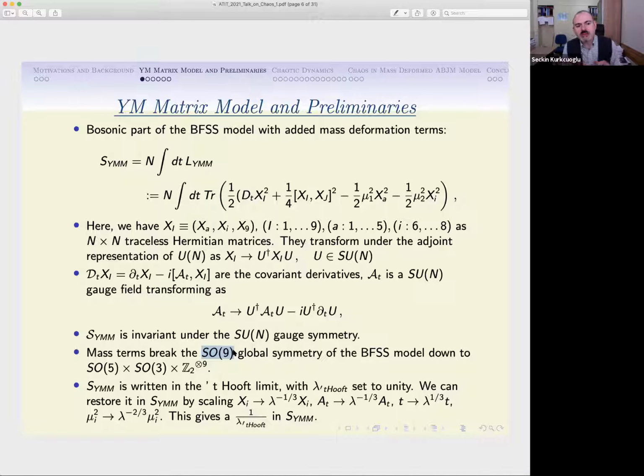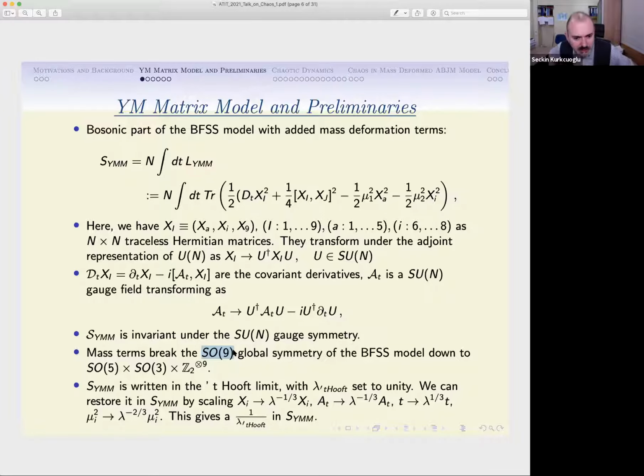I'm just writing, of course, the bosonic part of the BFSS model because we are going to look at the classical theory. The full BFSS model is a supersymmetric gauge theory. But the classical or high temperature limit, which is approximated very well by this classical theory with classical dynamics, doesn't involve the fermions, because the fermions decouple in the high temperature limit.